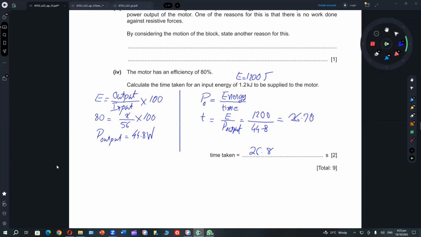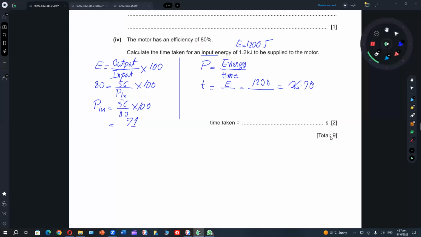What working have they done? So now check the answer.